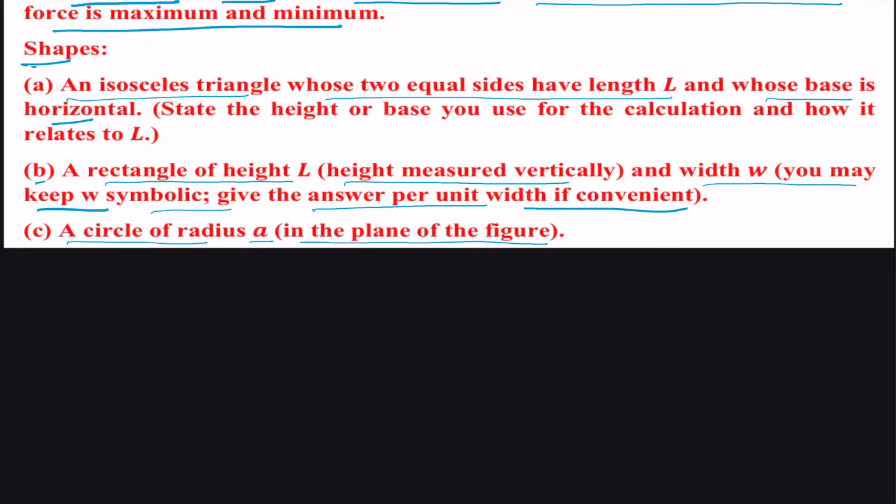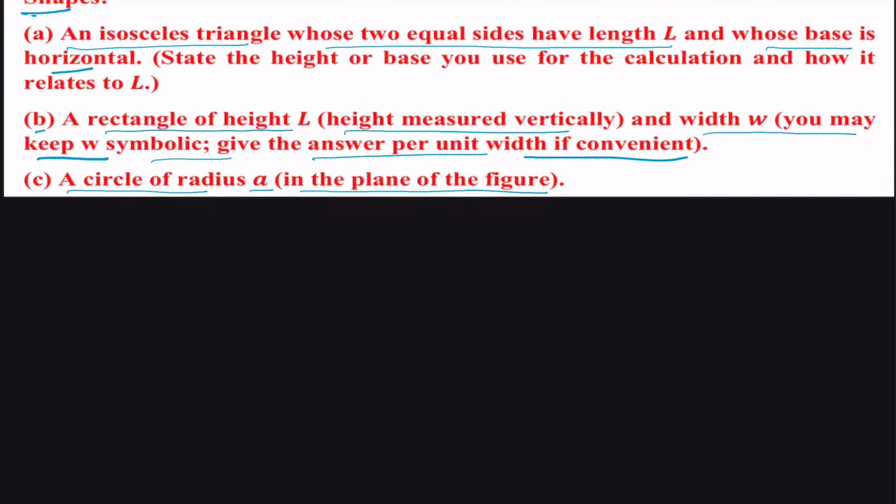So let us take part A, where we are given an isosceles triangle. First of all, in general, all the objects are placed in between the cylinders. So this is the first cylinder and this is the second cylinder, and the objects are placed such that they are touching both the cylinders.